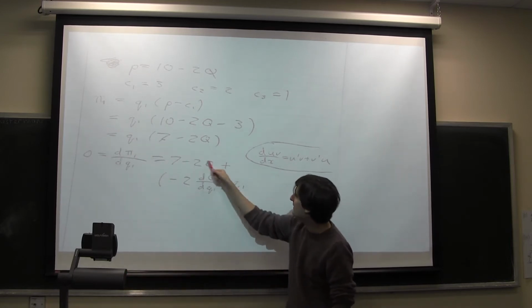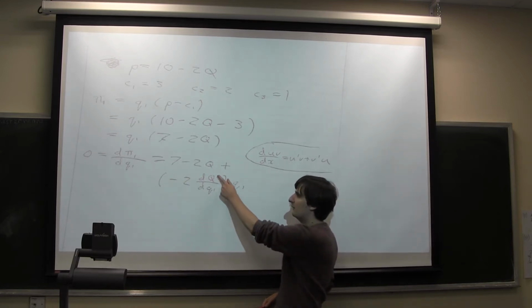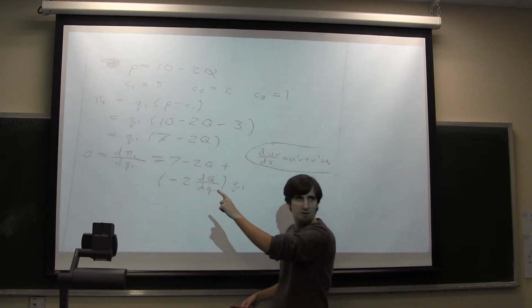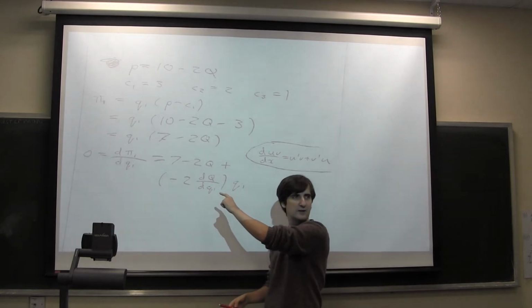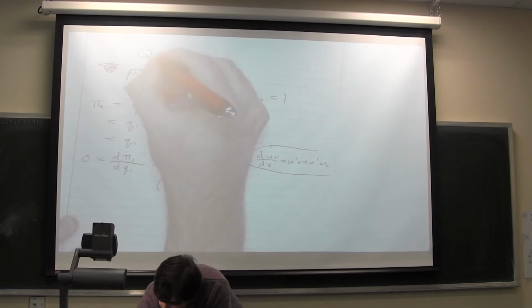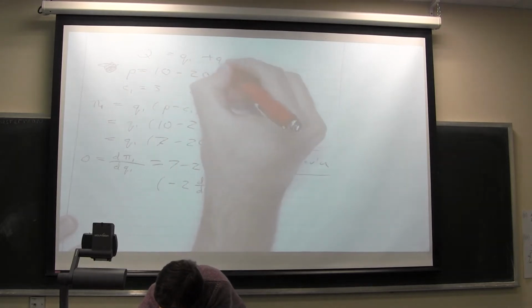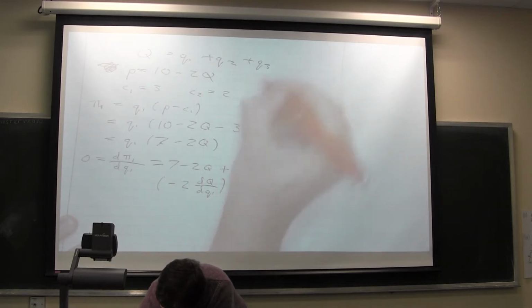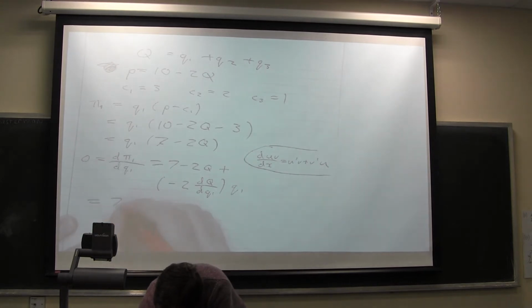So here we've got an expression, on 2 lines, sorry, with a dQ by dq1. What's dQ by dq1? 1, exactly, because big Q is q1 plus q2 plus q3. So this is just 7 minus 2Q minus 2q1.